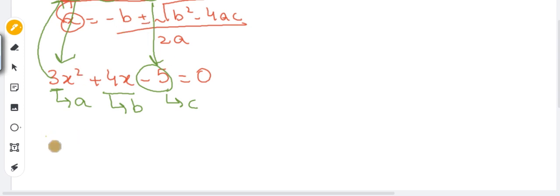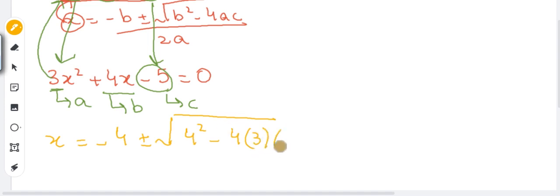It would become x equals minus b, minus the value of b over here, which is 4, plus minus under root, because if we open this under root, we get two values, one positive and one negative. b square is 4 square, minus 4 times a, which is 3, and c over here is minus 5.